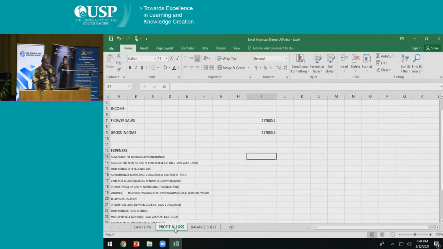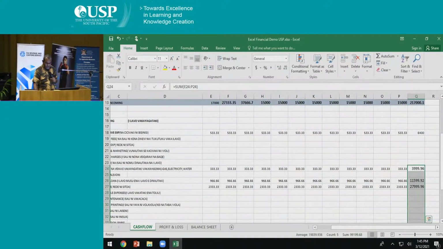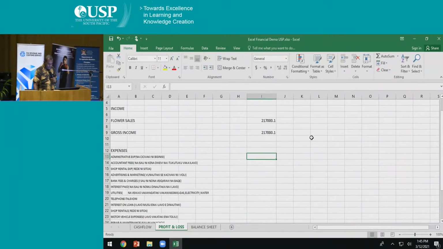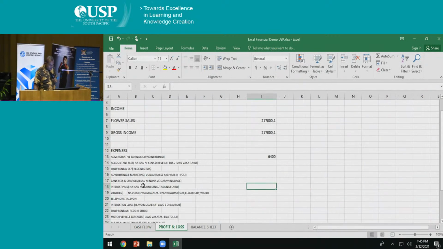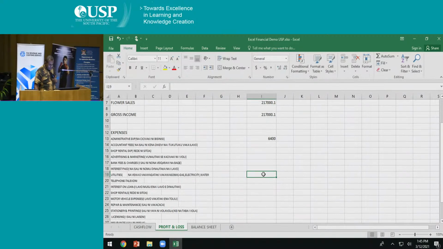Expenses, administrative expenses is, can anyone give the numbers? Okay. 6,400. Oh my goodness. What's next? We got gas, electricity. Where is that? 3,000?